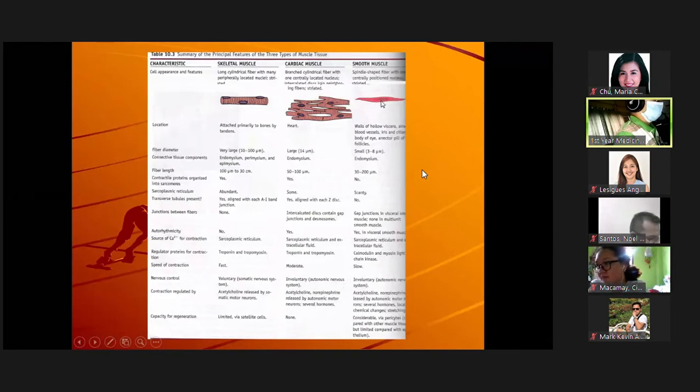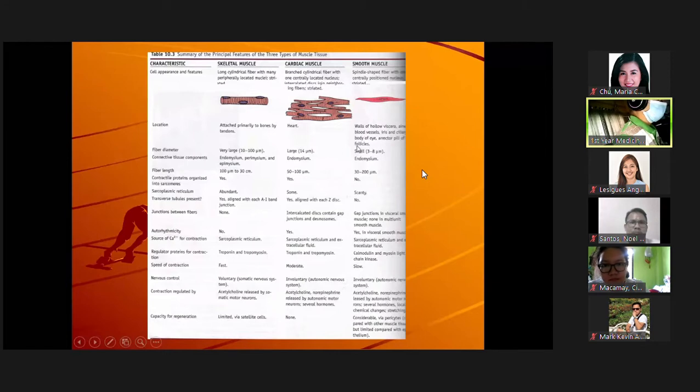So that's the first thing. And the location. Skeletal muscle is attached to your bones by tendons. The cardiac you find only in your heart. Smooth muscles are in hollow visceral organs, stomach, intestine, and all that. Then you have the length of the fibers.